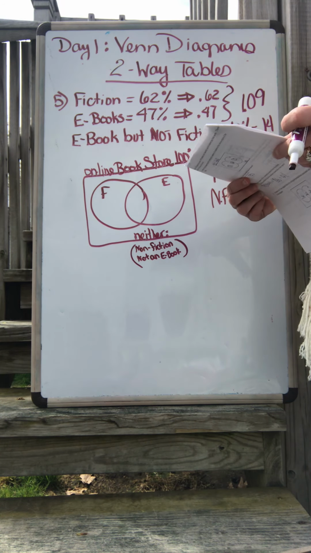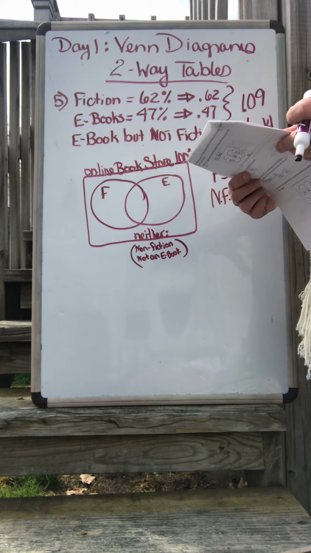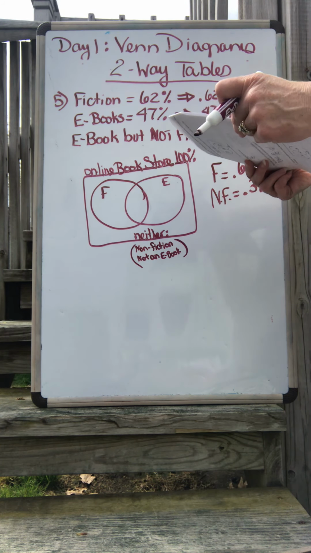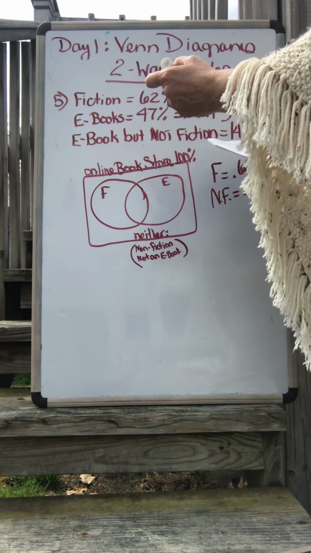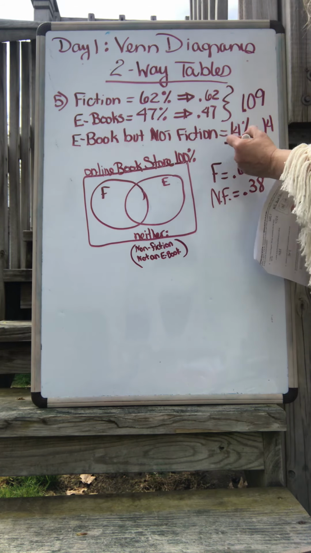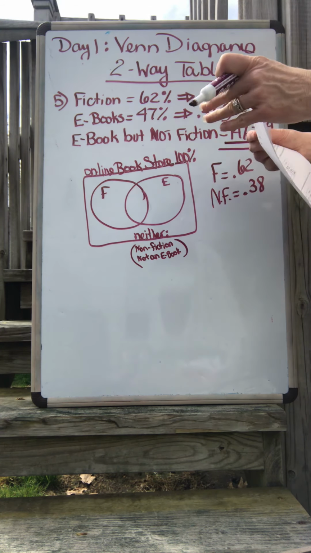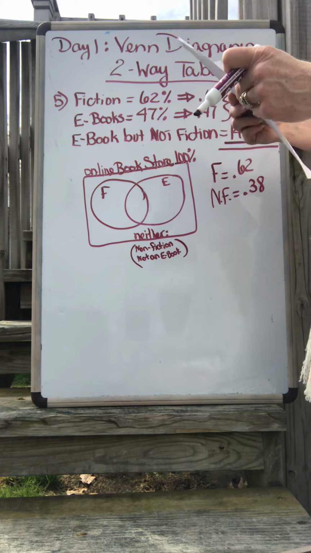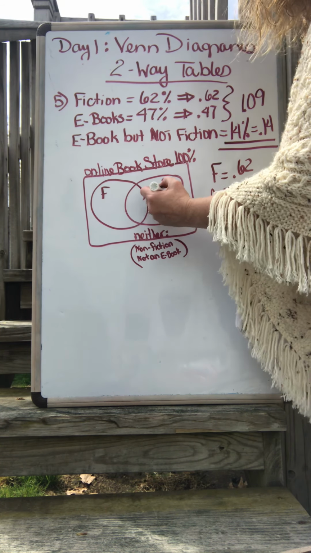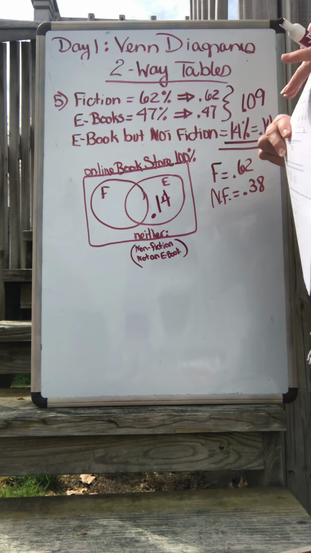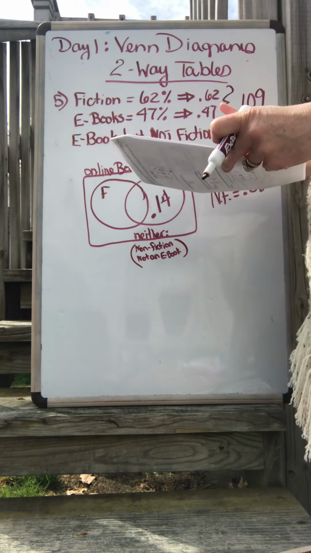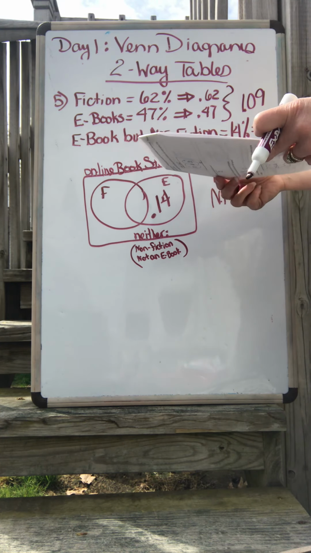And if we think about being an ebook, 47% are an ebook and not a work of fiction. If I am an ebook and I'm not a work of fiction, that puts me right here, my 14%, because that's only the ebook, and it's not a work of fiction.